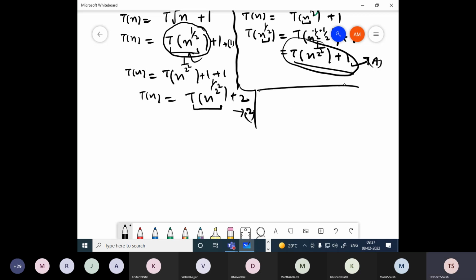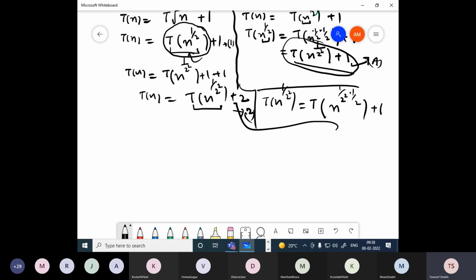And simply, if I follow the same approach, T of n power 1 by 2 square will be equal to T of n, in place of 1 by 2, I have to write 1 by 2 square into 1 by 2, that is the proper formula itself. Okay, plus 1 from the formula again.